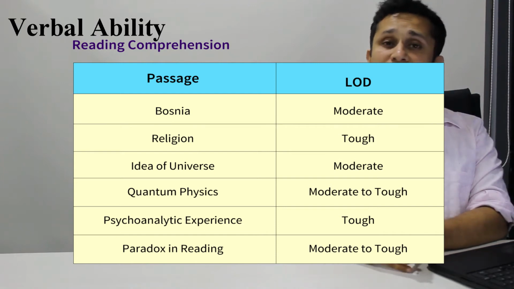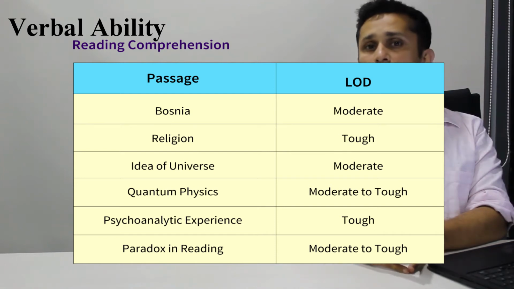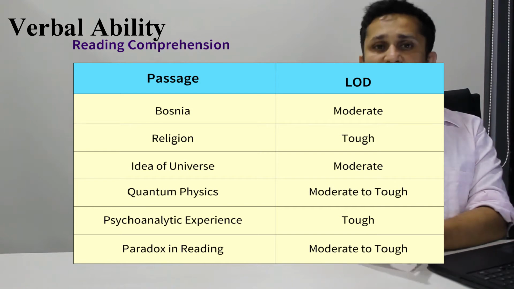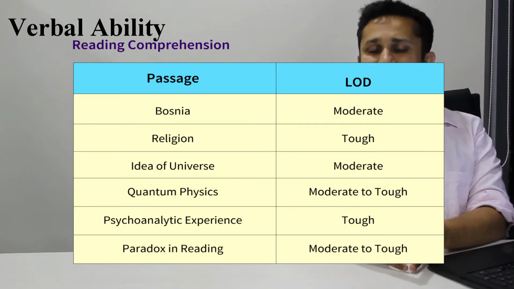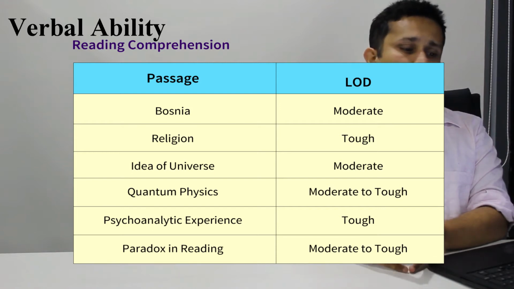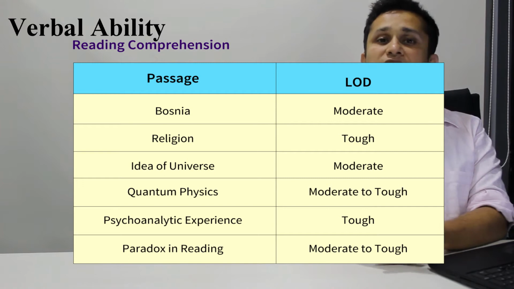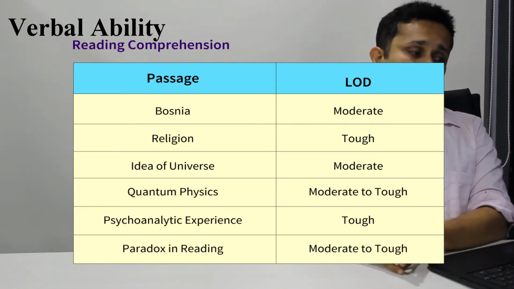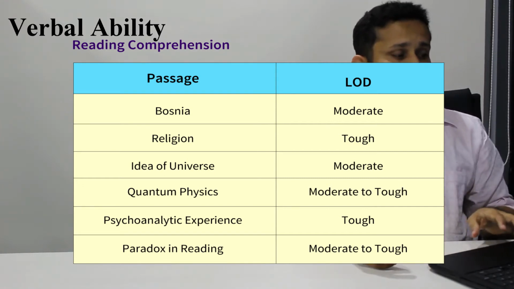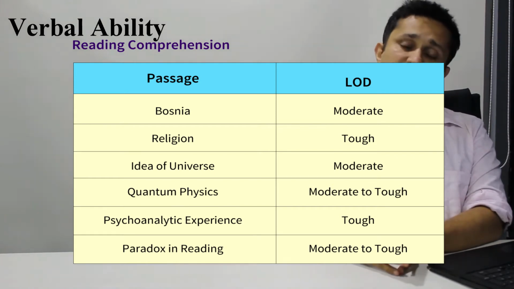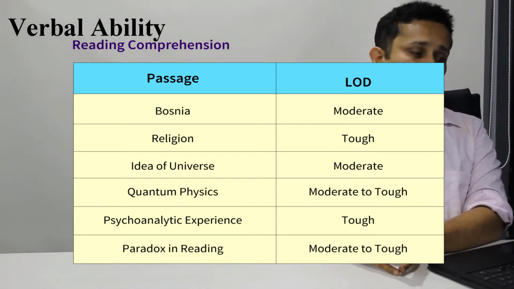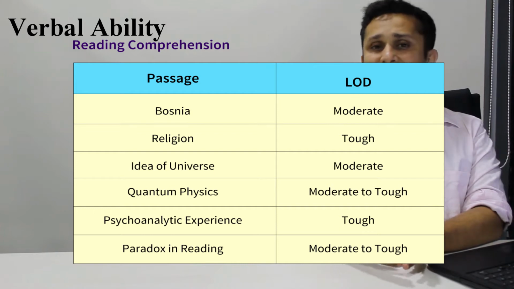In these kind of cases, as I have explained in one of the earlier mocks, you need to look at the topics first and decide which ones you want to tackle. Let's have a look at these topics. So you had one on Bosnia and the conflicts within it, one on religion, one on the idea of the universe, then quantum physics, psychoanalytic experience and paradoxes in reading.